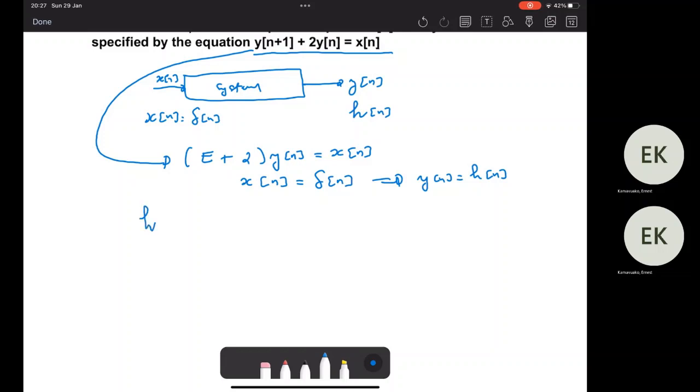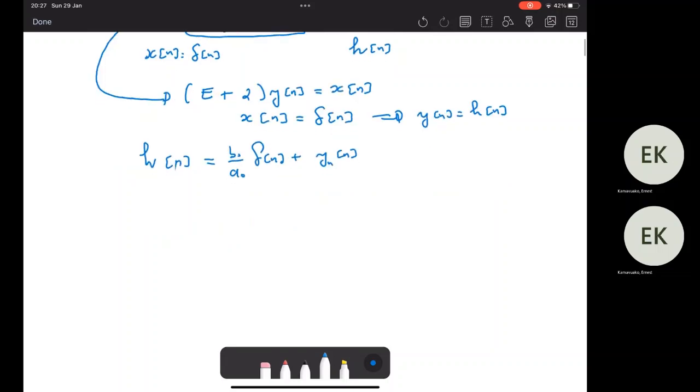Therefore, it is shown that the impulse response is the sum of B0 divided by A0 times delta[n] plus some characteristic equation.